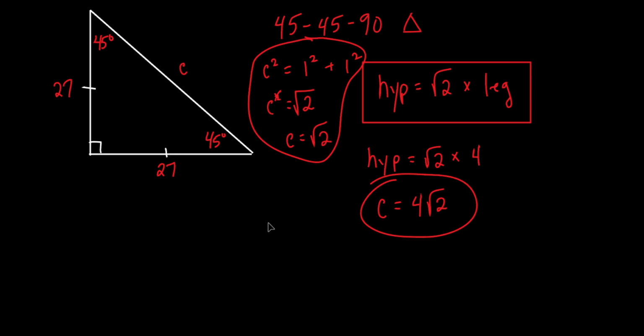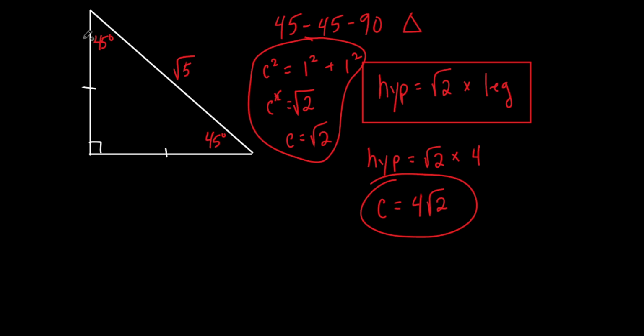They may give you this. All right. They might give you this. Say square root of 5. Okay. Just making up a number.